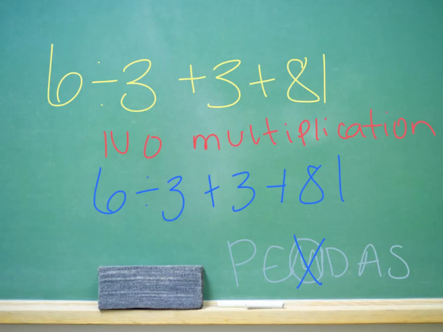Notice that we do not have multiplication in this section. So we already did P and E. Our next step is multiplication, but since we do not have any multiplication, we don't need to do anything for this part.